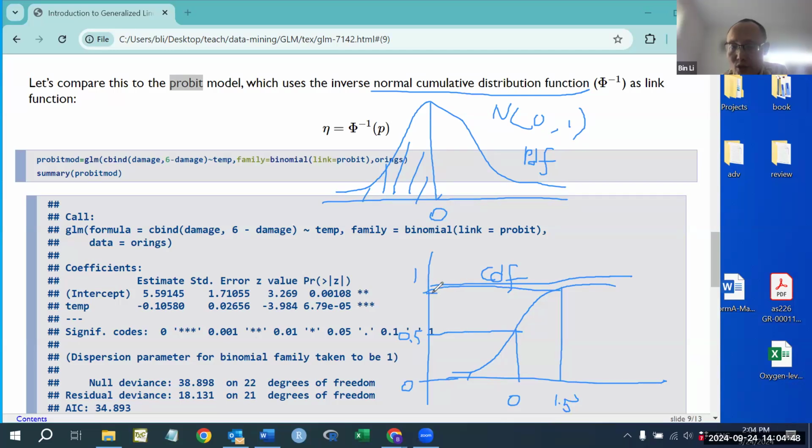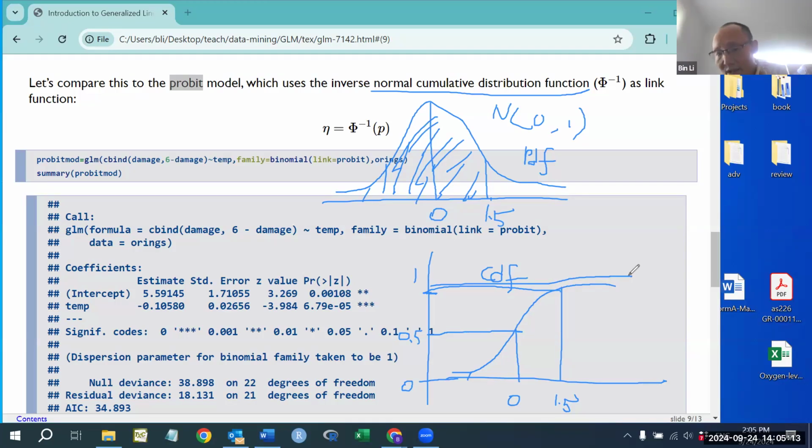If you go to the vertical axis, the height for this point is the total area on the left side of 1.5, and so on.